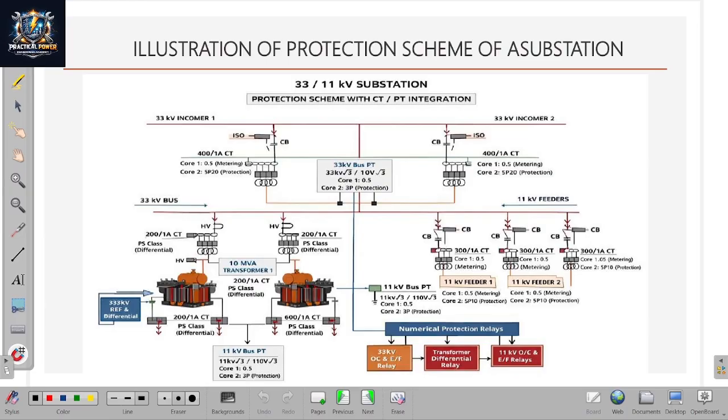The relay can be a feeder relay or earth fault relay. Then 11 kV overcurrent earth fault relays. So this is the protection scheme for a 33/11 kV substation. You observe and study this.